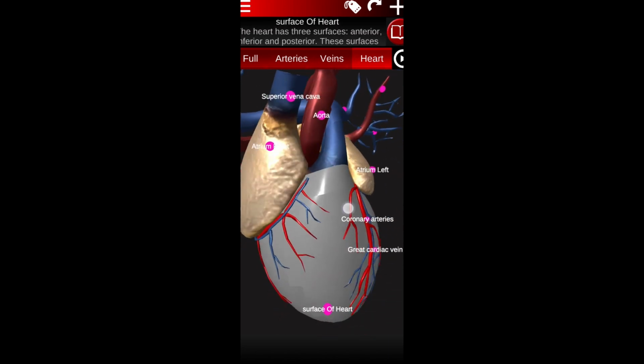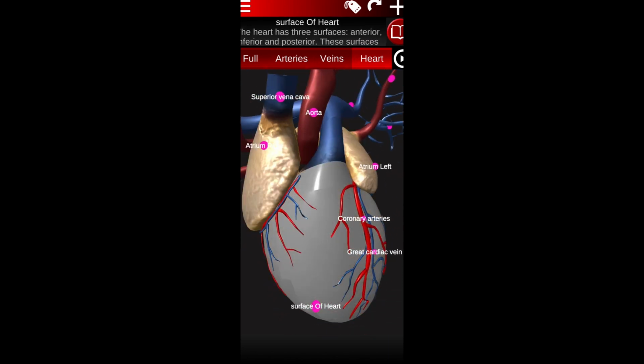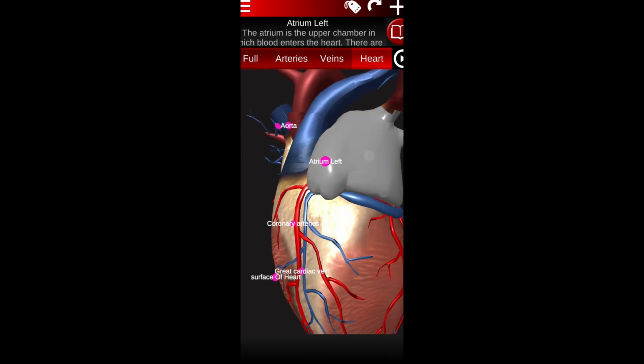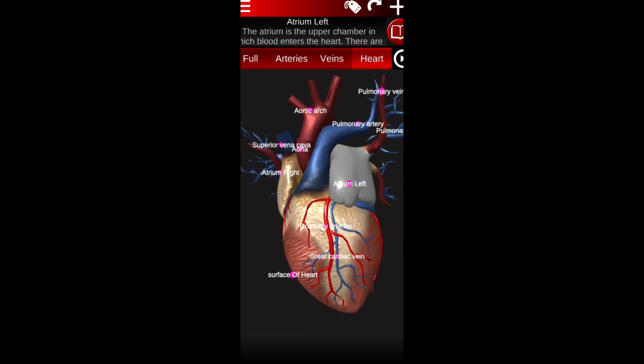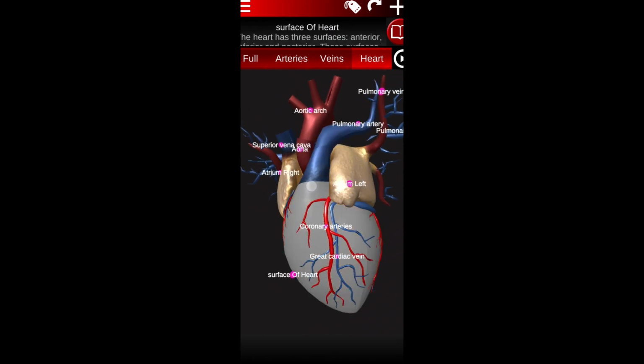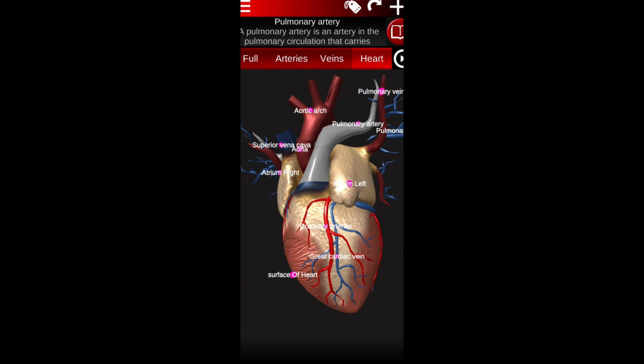Then this is called the right atrium or auricle, and here are the two ventricles, one is the right ventricle and one is the left ventricle, and this is the left atrium. Here you can see this bluish color, this is called the pulmonary artery. We know what the pulmonary artery is doing.